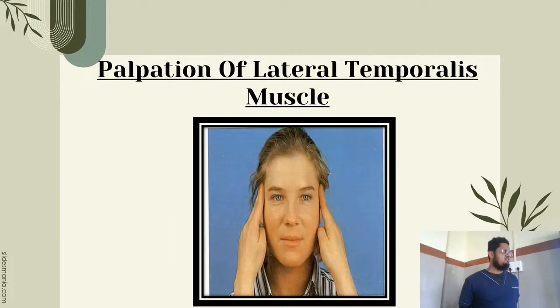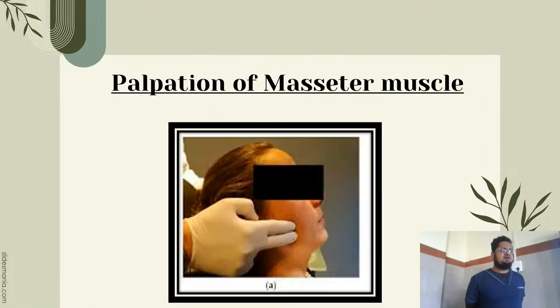For palpation of the temporalis muscle, we keep the index and middle finger on the temporal area above the external auditory meatus and ask the patient to do the mandibular movements. For palpation of the masseter muscle, we hold the pulp of two fingers at the anterior border of the masseter muscle and ask the patient to do the movements. Simultaneously, we can palpate the other regions of the masseteric area.